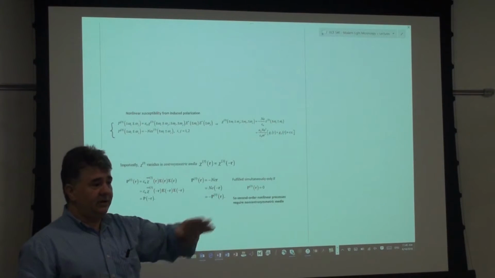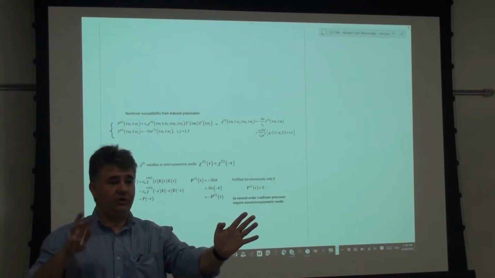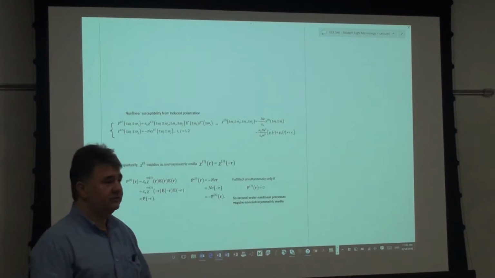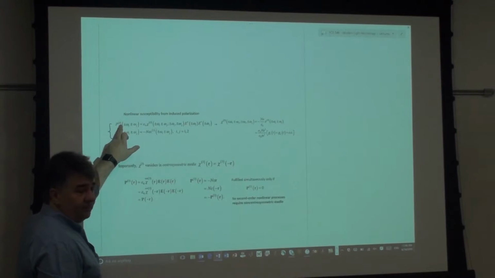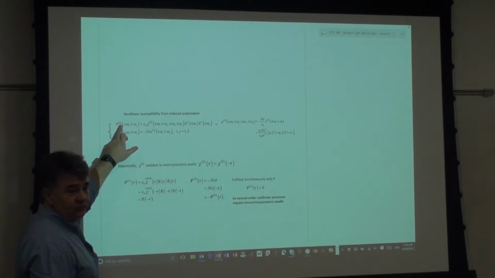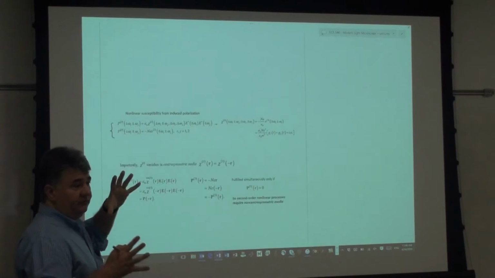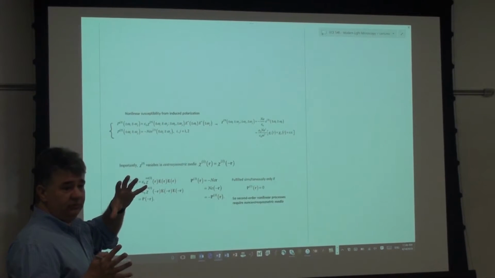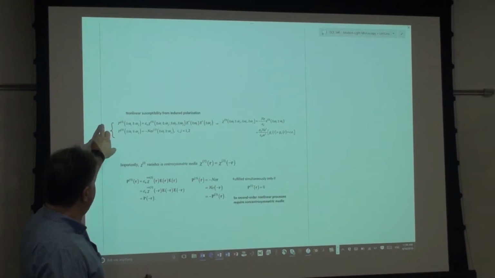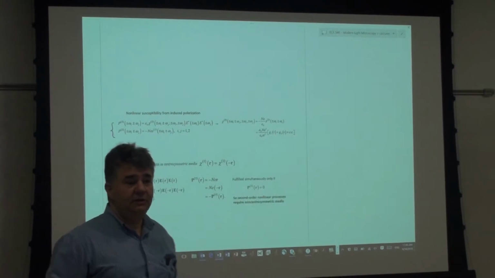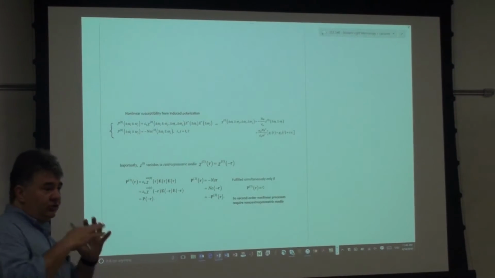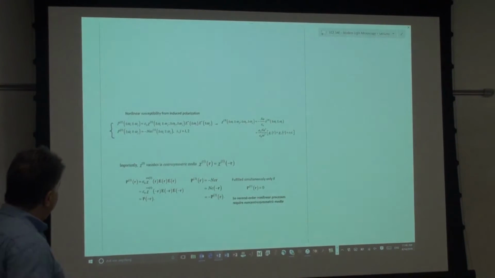This comes on top of that. So on top of the fundamental, you have the second harmonic or sum frequency. Okay? So that's why here I write P2. But we know the total P, if I want to treat the entire field that goes in the crystal, I have to look at P1 as well. So it's going to be P1 plus P2, potentially plus P3. Okay, but we treat them independently and then we add them up.